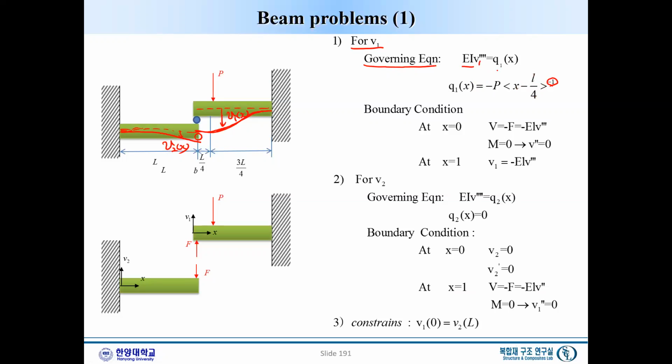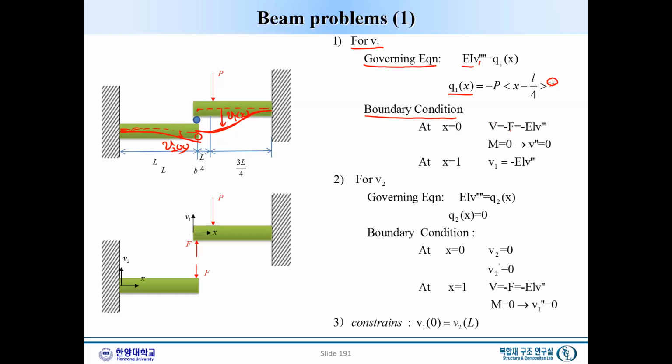So this is Q1(x), and now the boundary condition is at x equals 0, the shear force, which is EI times the third derivative, and the moment equal 0 on the left-hand side, because there is just a simple support, even though this simple support point moves to a certain point, there will be no moment transmitted.